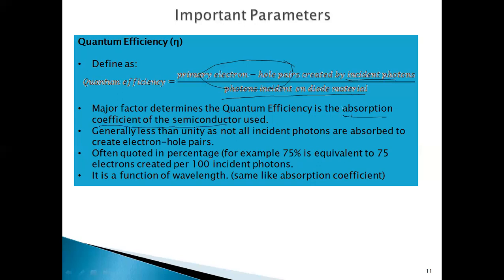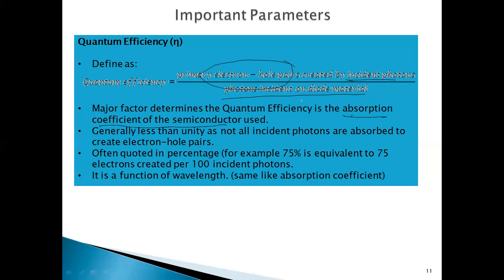We have learned before that the absorption coefficient is the ability of the material or semiconductor to absorb the photon. So if we have a higher amount of photon absorption, the quantum efficiency value should be higher. That should be the major factor that determines the value of quantum efficiency.